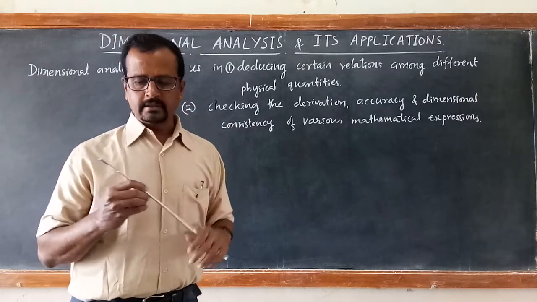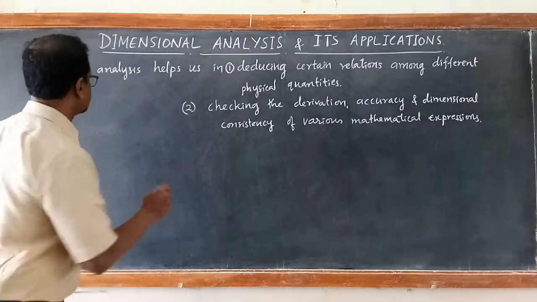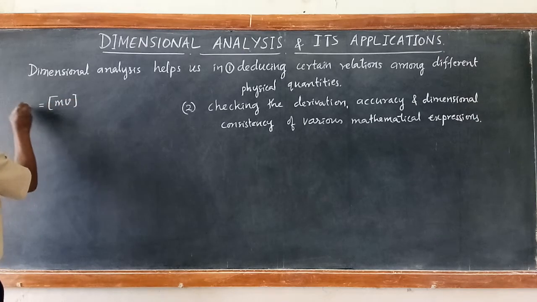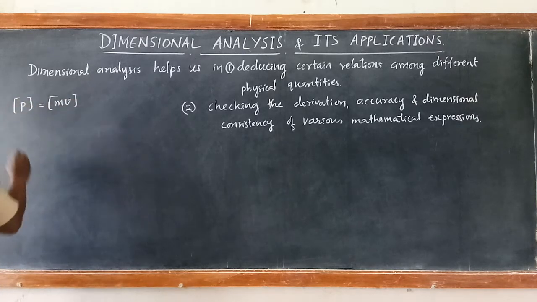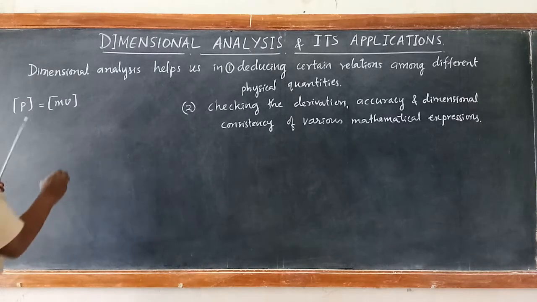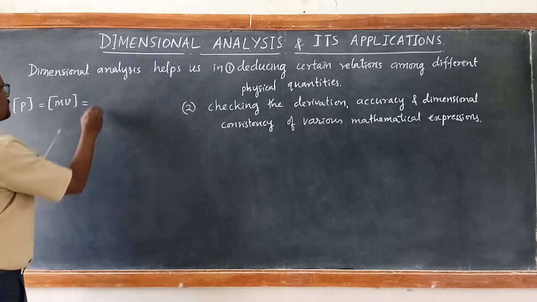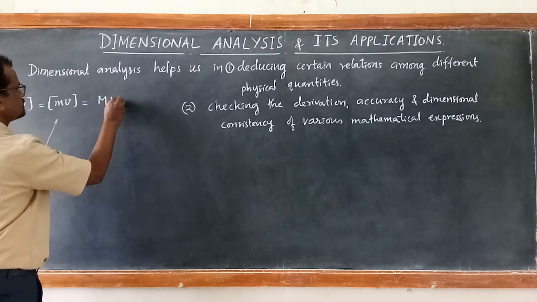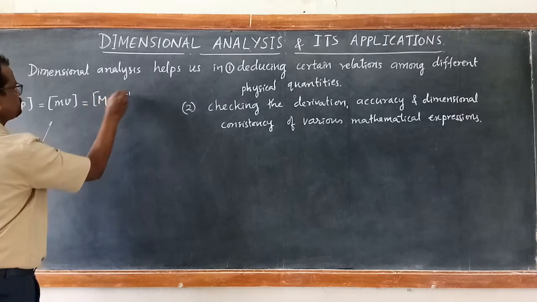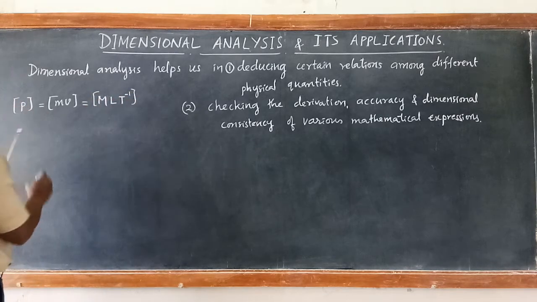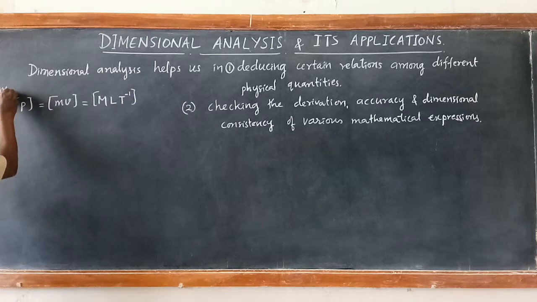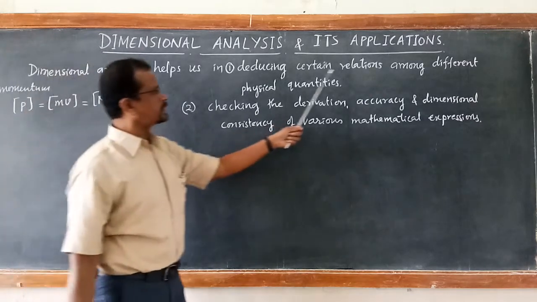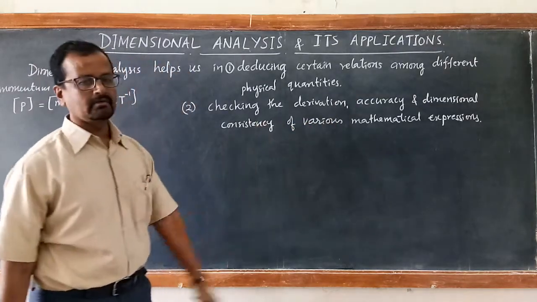When you check their dimensions, the dimension of momentum, with p as the notation for momentum, has dimension of mass, that is m, and dimension of velocity, that is L t raised to minus 1. This is the dimension of momentum. I am just giving you an example of how one can deduce certain relationships among different physical quantities.